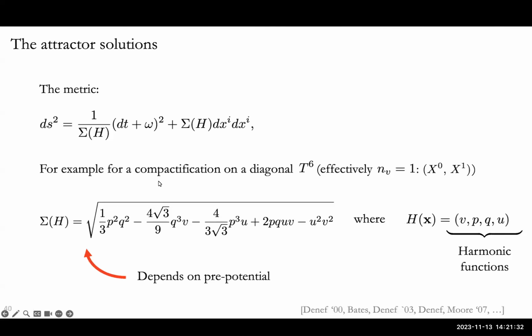But the idea is fairly similar to the previous solutions. Instead of having a single harmonic function, now you have a harmonic function for each electric and magnetic component for each one of your vector multiplets in your theory.